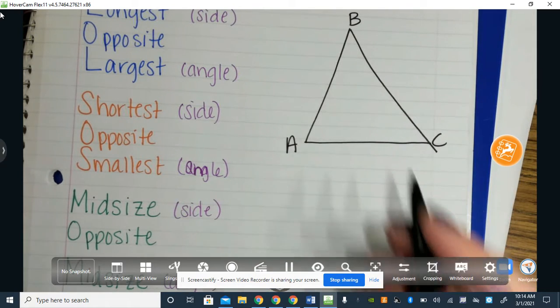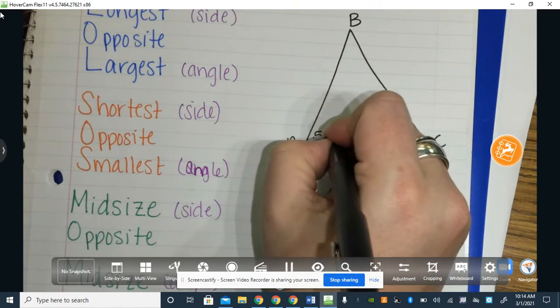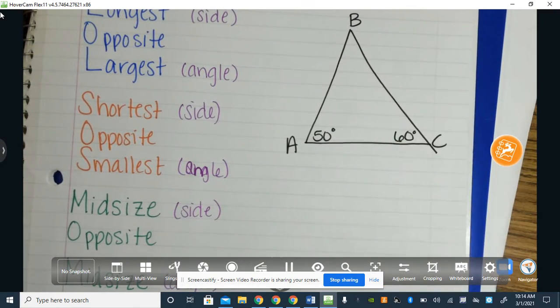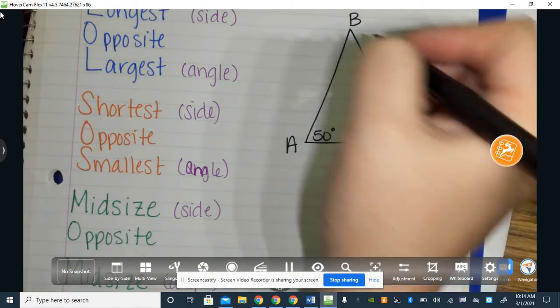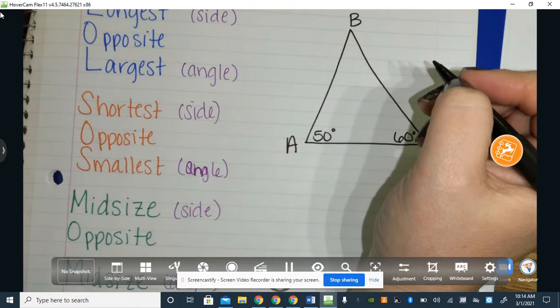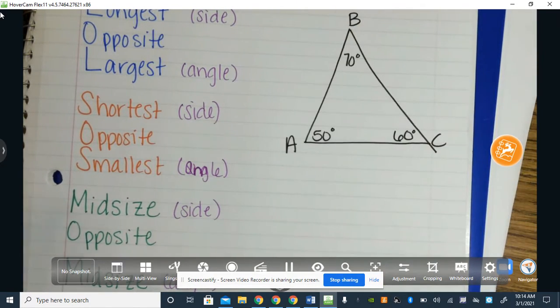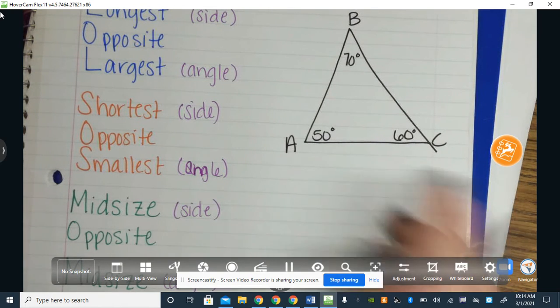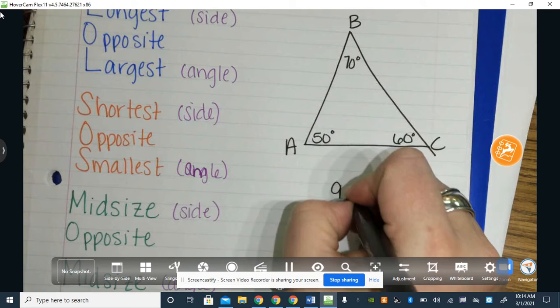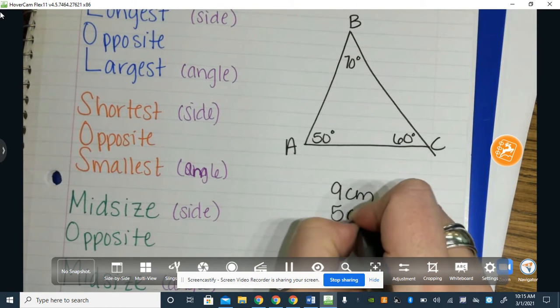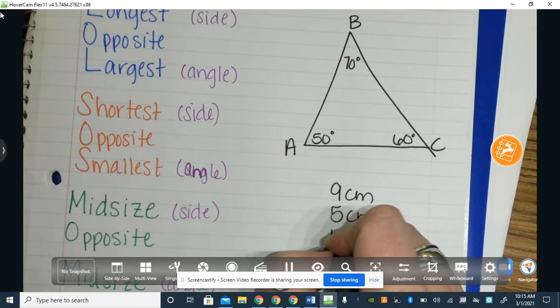And so say this is 50 degrees and this is 60 degrees. And this is 70 degrees. Now, they're not accurate. Okay? And say I have the measurements of 9 centimeters, 5 centimeters, and 4 centimeters.